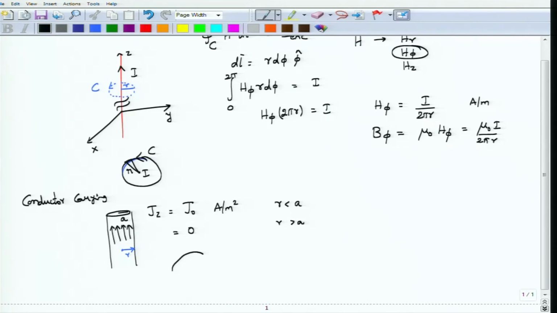So, going back to the top view for me, this particular would be the contour. Now I have to consider two contours, inside the wire and outside the wire.